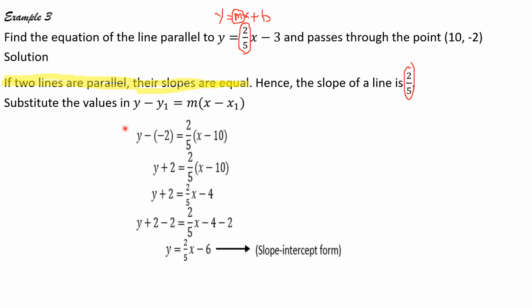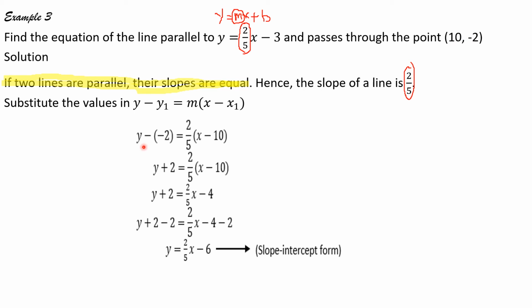Okay, substitute the values in y minus y sub 1 equals m times the quantity x minus x sub 1. Okay, so this is our equation. You substitute y sub 1, that is negative 2, equals our slope, that is 2/5, times the quantity x minus our x sub 1, that is positive 10.